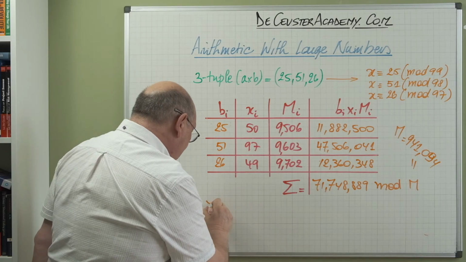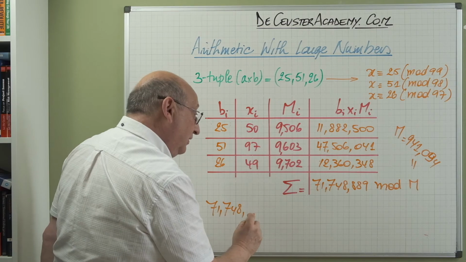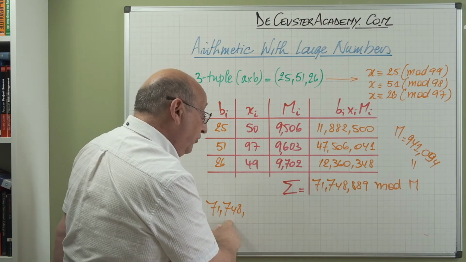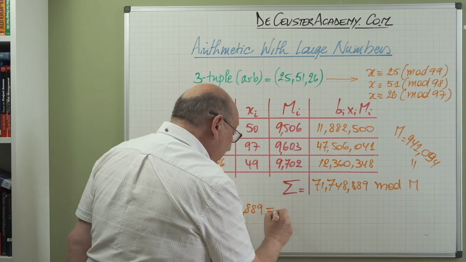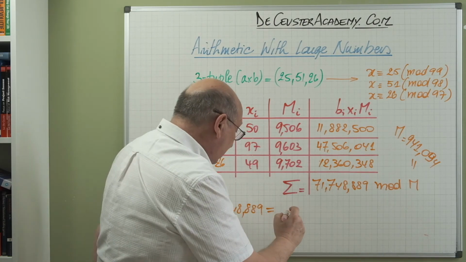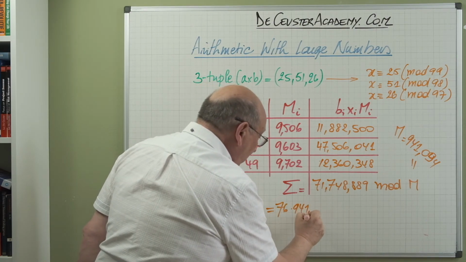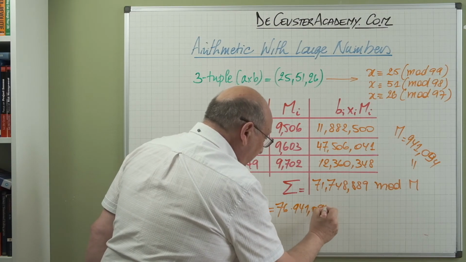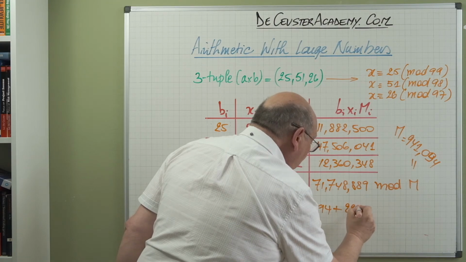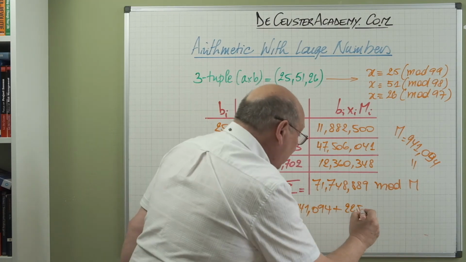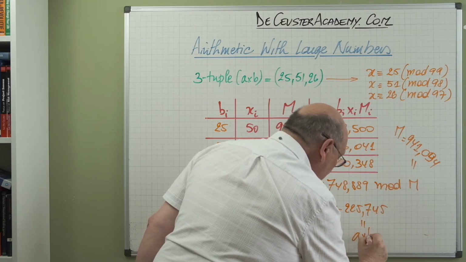Based on this, we can say that 71,748,889 can be written as 76 times 941,094 with a remainder of 225,745, which is a times b.